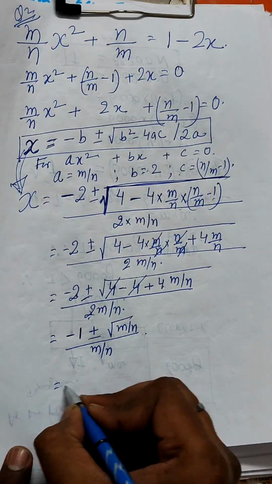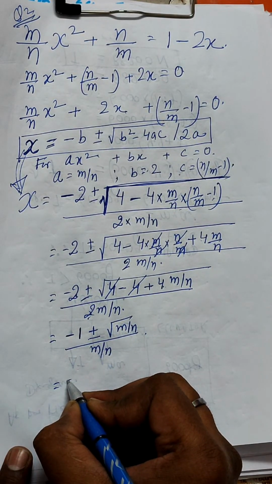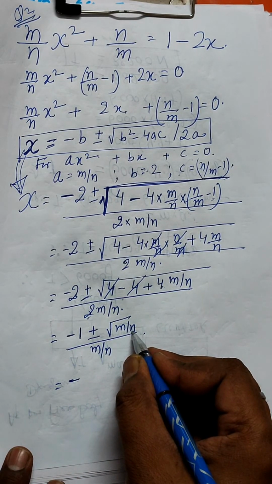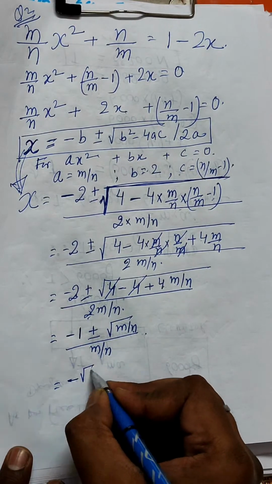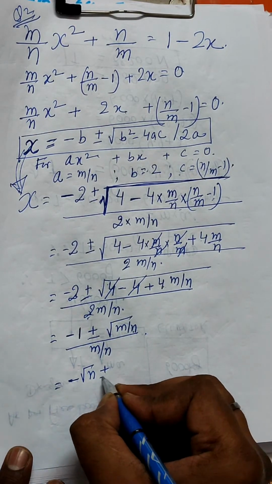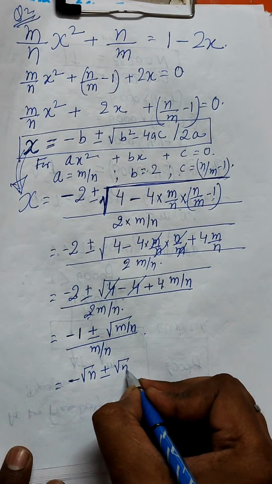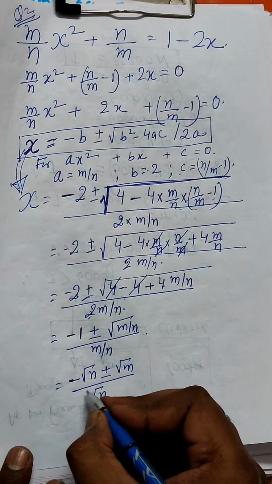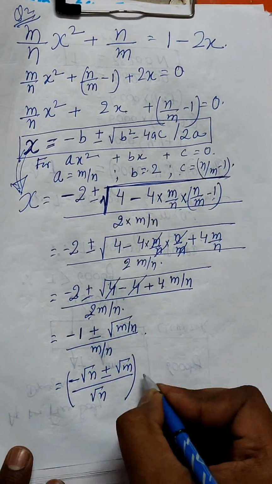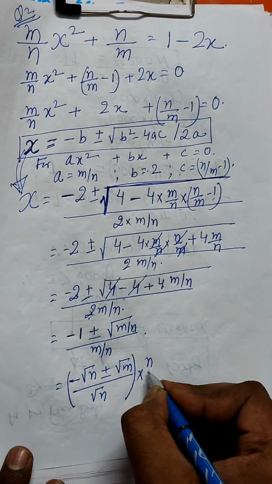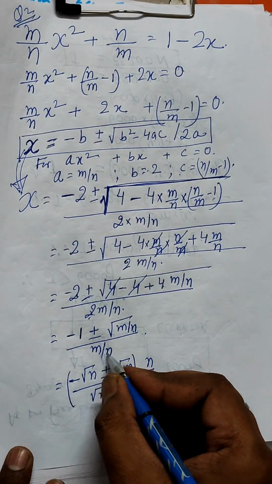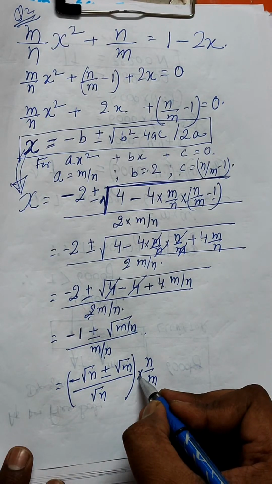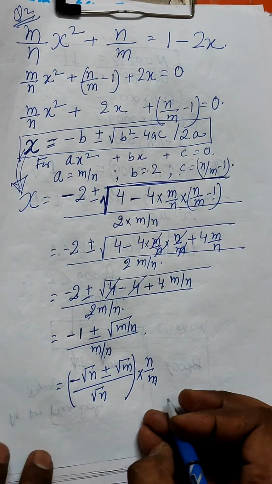Now this will give you minus, when root n will be the LCM of the numerator, this will be minus times root n plus minus root over m divided by root n. This is the numerator only, multiplied by n by m, because when dividing by m by n, that means it will be multiplied by n by m, right?